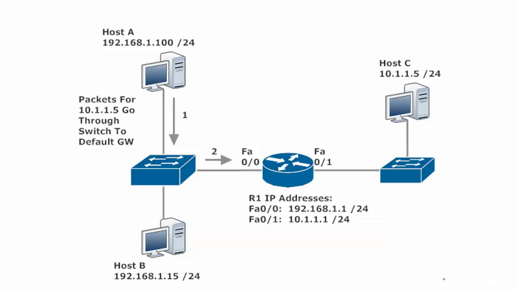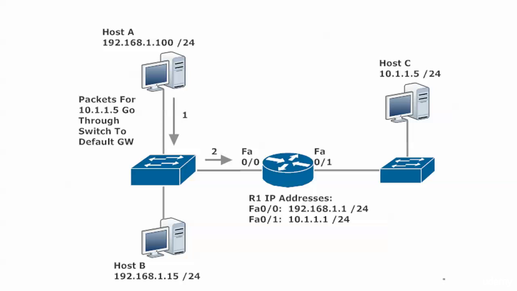Of course, that's not always going to be the case, because here what we've got is a host at 192.168.1.100 sending packets to 10.1.1.5, host C over there on the other side of the router. And when you see a host on one side of the router, so to speak, off one interface, the other host is off the other side, you can be assured there's going to be some kind of routing that has to get involved.